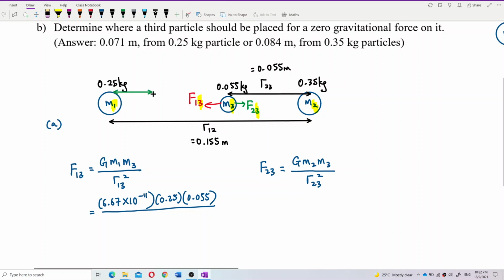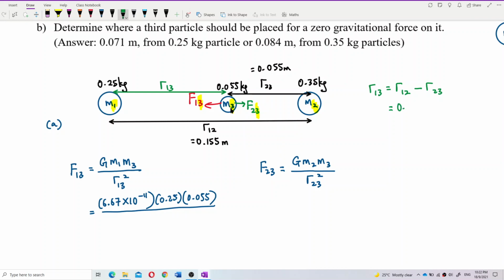So we need to find this value, the distance between 1 and 3, R13. So how to find R13? Let's put a calculation here. R13 is just R12 minus R23.